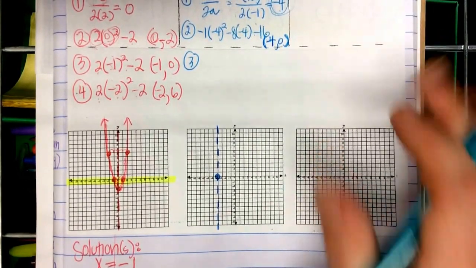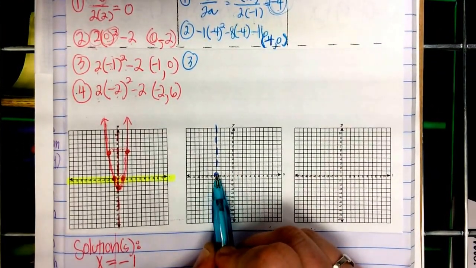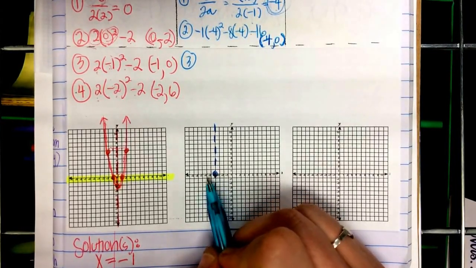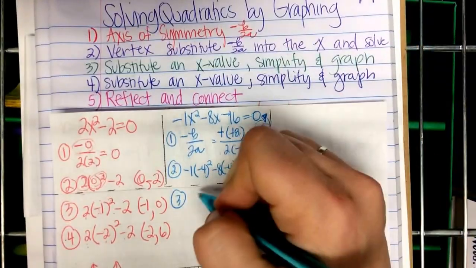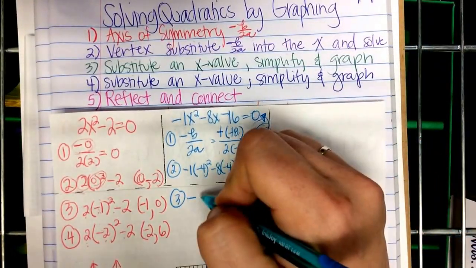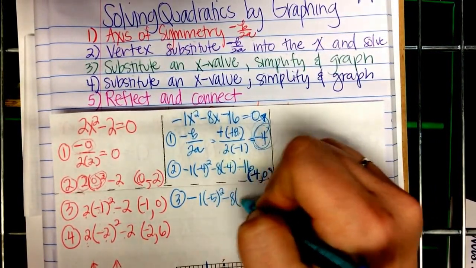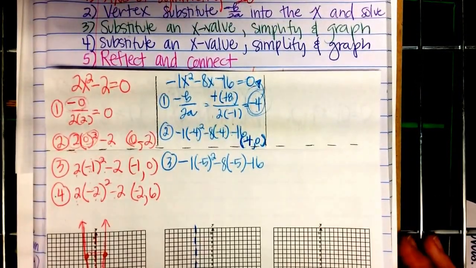Step 3, pick a number. What number do you want to pick? You could pick negative 13. I wouldn't suggest it. Negative 5, 1 space to the left. Perfect. Could you pick negative 3? You could go to the right.